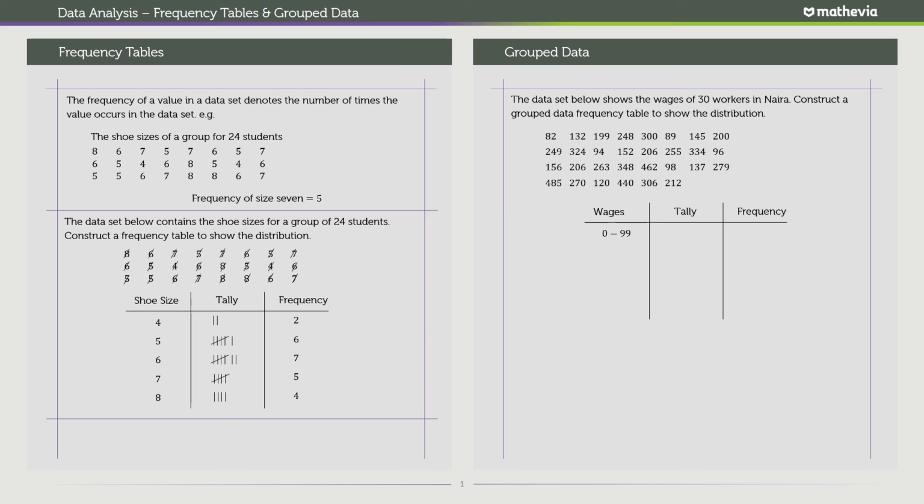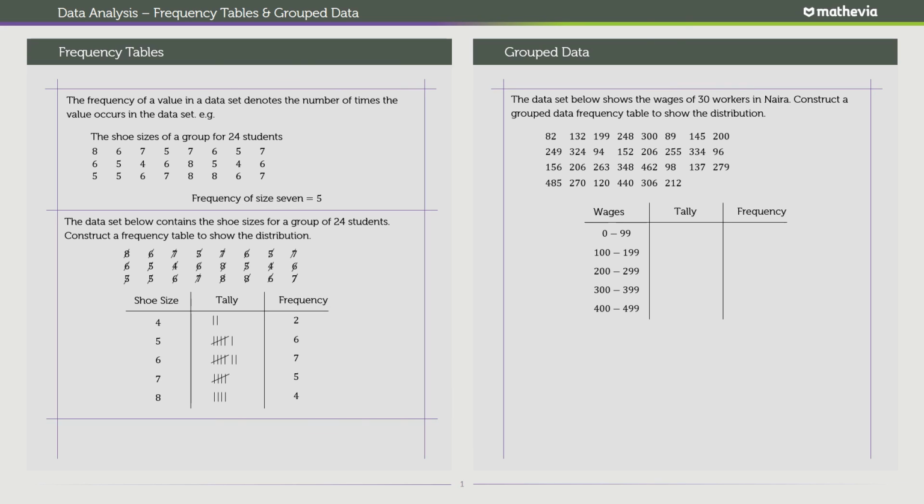The first group is for numbers between 0 and 99, and then the next one would be 100 to 199, and so on. The next set will be 200 to 299, 300 to 399, and 400 to 499.